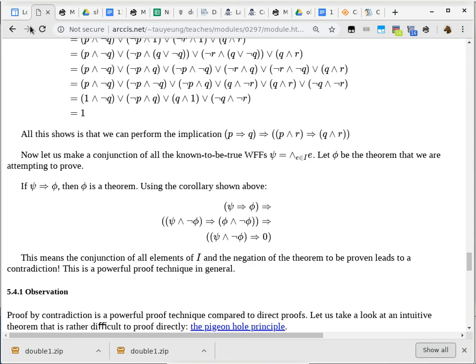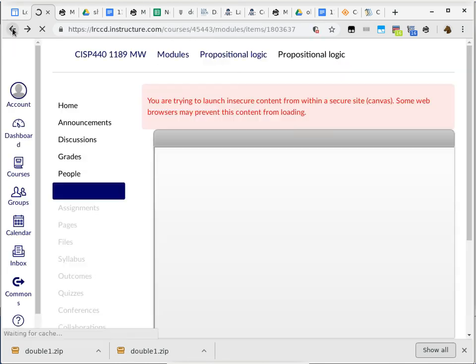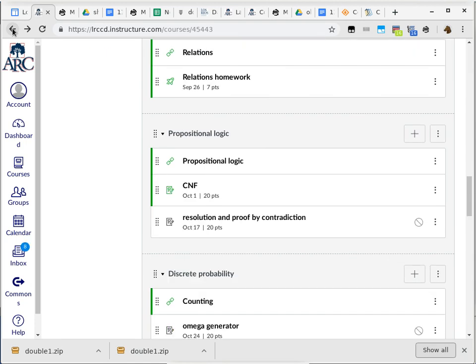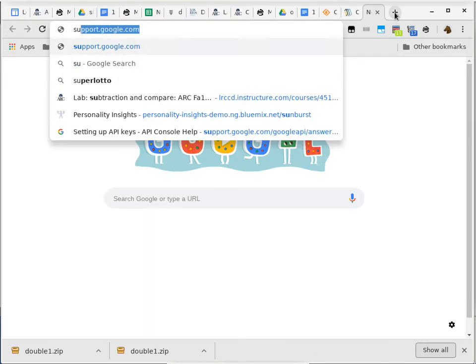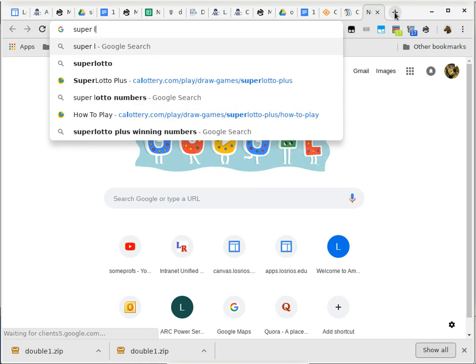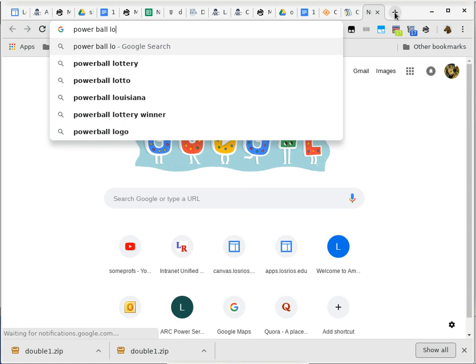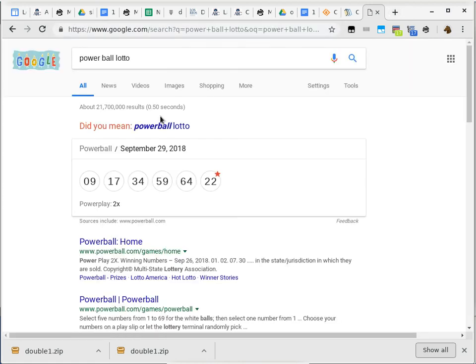All right, so with this out of the way, we're going to continue with lottos, the analysis of your odds of winning in a game of lotto. So we'll go back to the lotto website. I think it's Super Lotto, right? Powerball, okay. So we'll go to Powerball Lotto. Wow, that is cool.